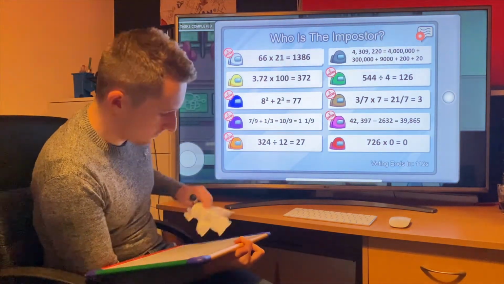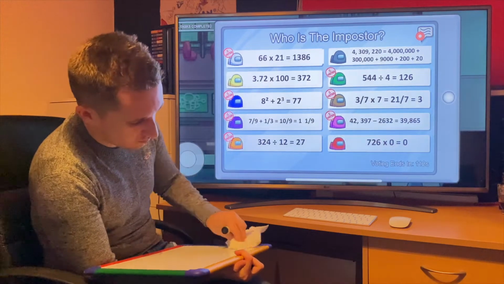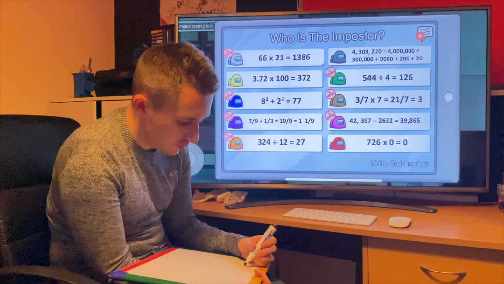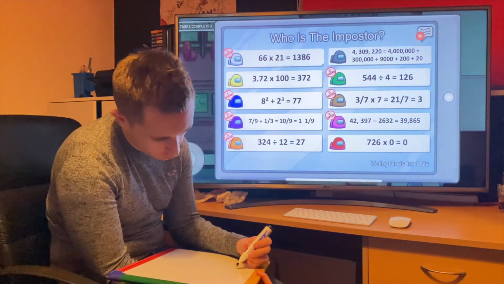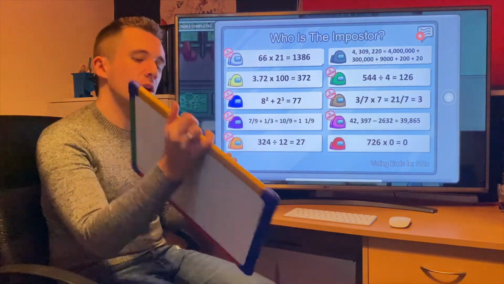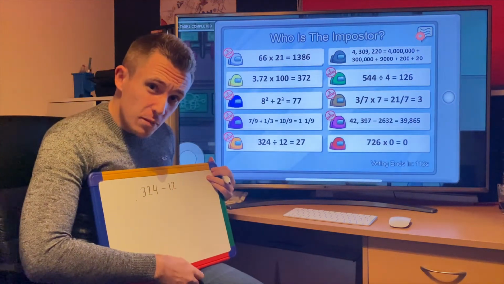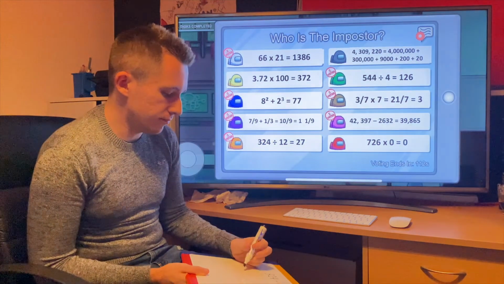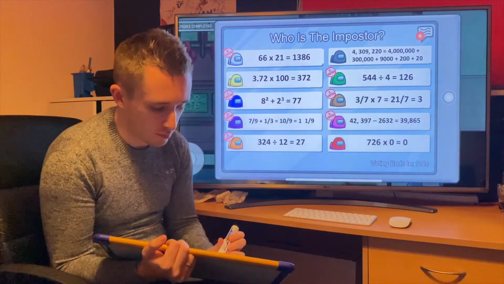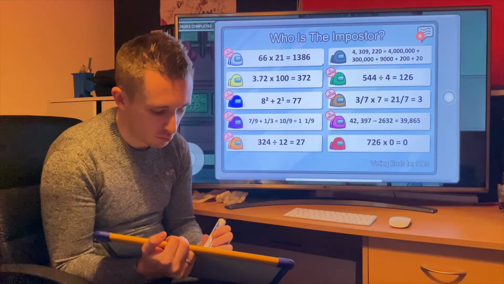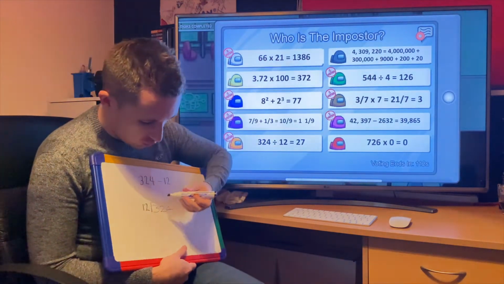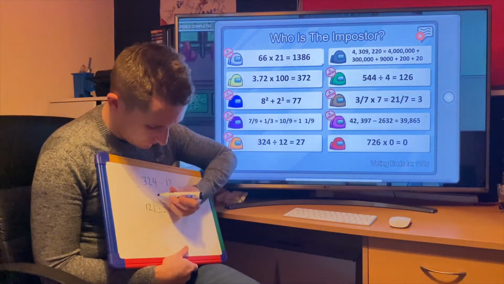Next one is orange. 324 divided by 12. Going to do bus stop method for this. So we've got 12 into 324. 12 doesn't go into 3.